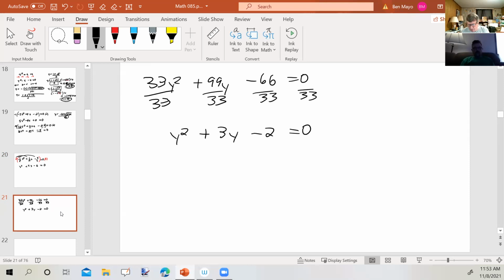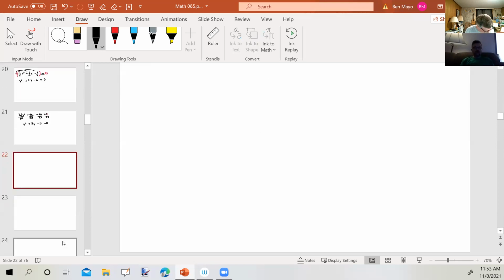So now A is 1, B is 3, and C is negative 2. So those are some ways we can go through and clean up our equations before we plug the numbers into the quadratic formula. Okay, so now back to some examples.